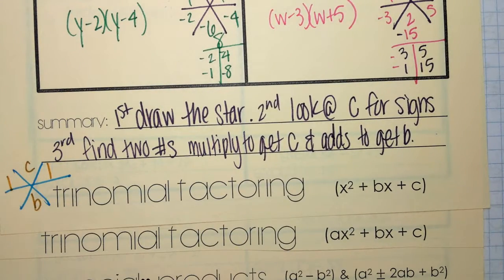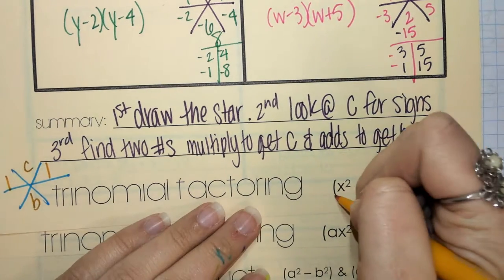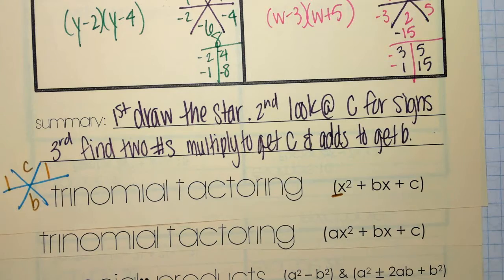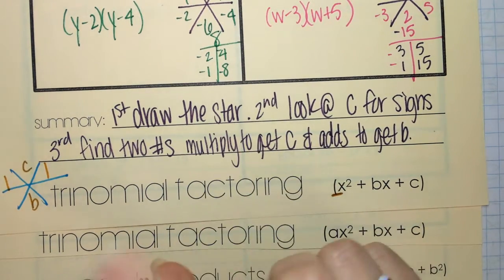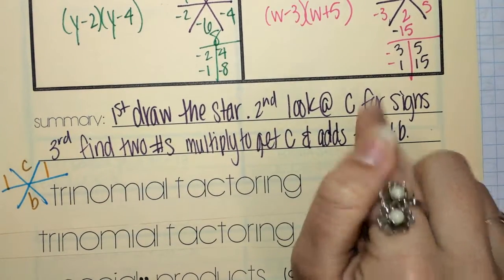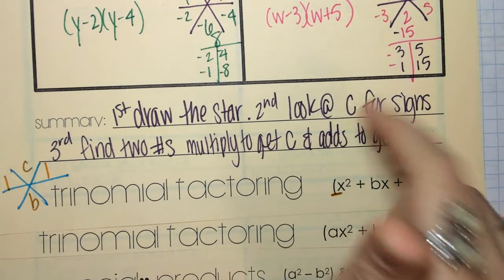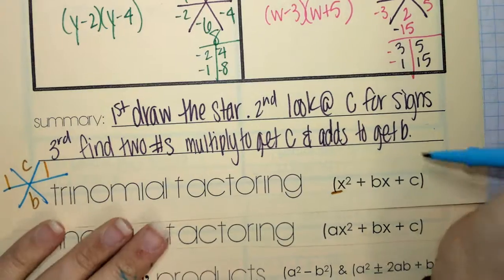Why is it 1 and 1 this time? Because there's no number in front of X squared, so there is a 1 on top. Then we need 2 numbers that multiply to give us C and add to get us B. What is very important that we look for every single time? The signs.